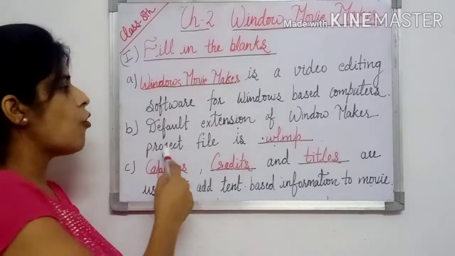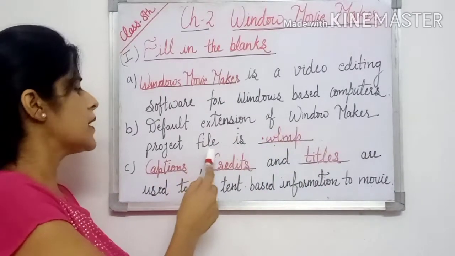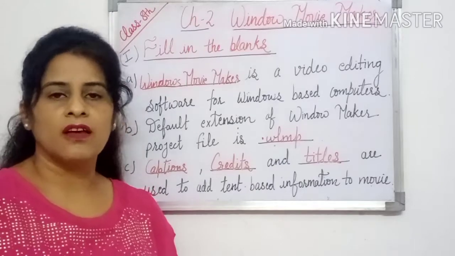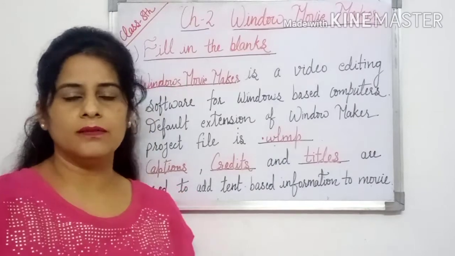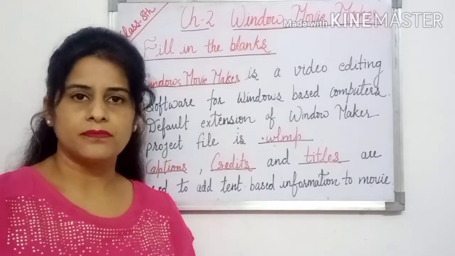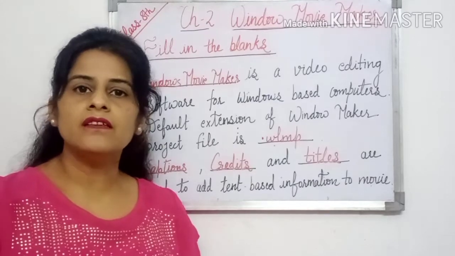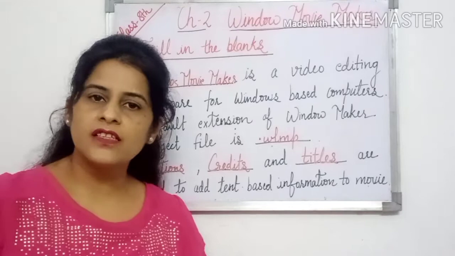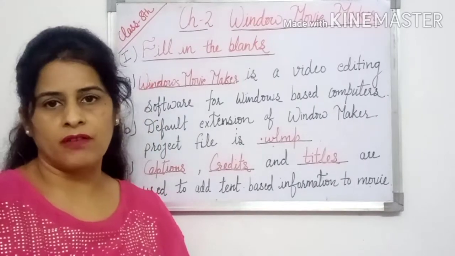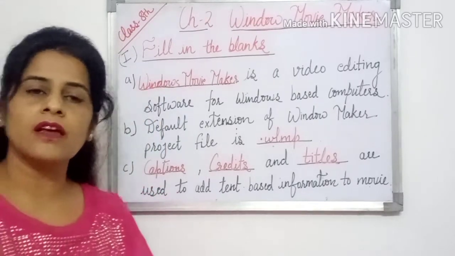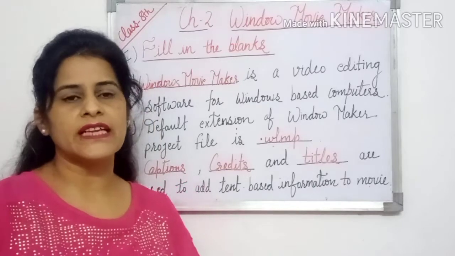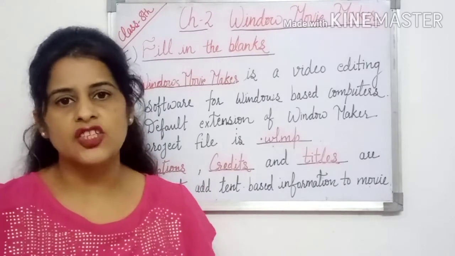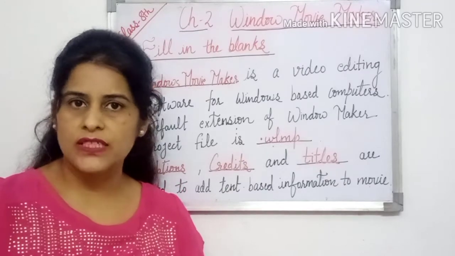Second is the default extension of the Windows Movie Maker project file is dash. For example, when you are making a file in Word, whatever name you give it, at last you will see that the extension is .doc or .docx.